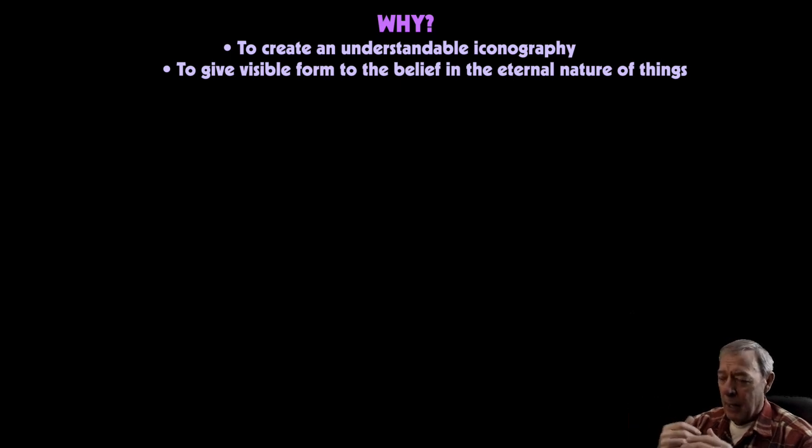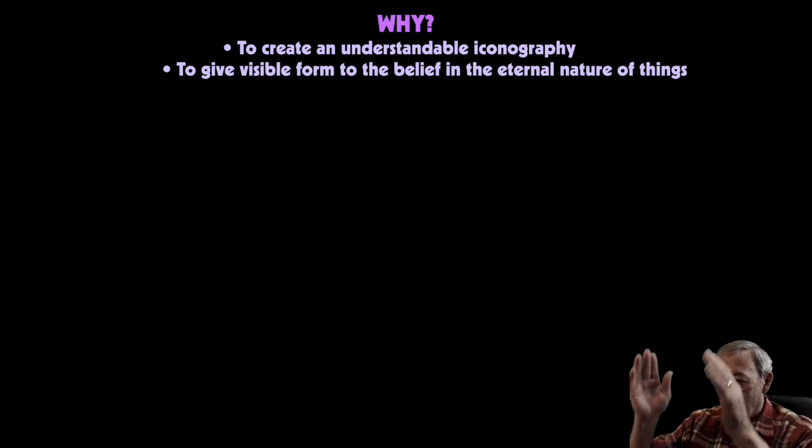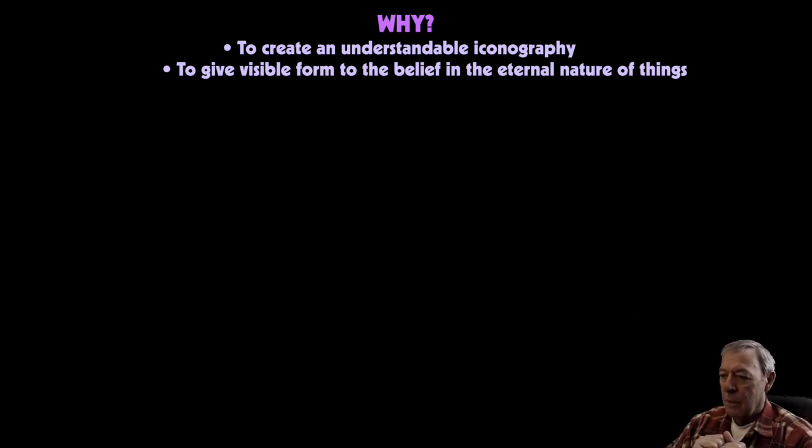Now, many of you that are taking this class may be artists, and so if you were given an assignment, a painting assignment or a drawing assignment, to try to represent visually the concept of the eternal nature of things, what would you do? How would you represent that? What kind of imagery would you make in order to represent a belief in the eternal nature of things?